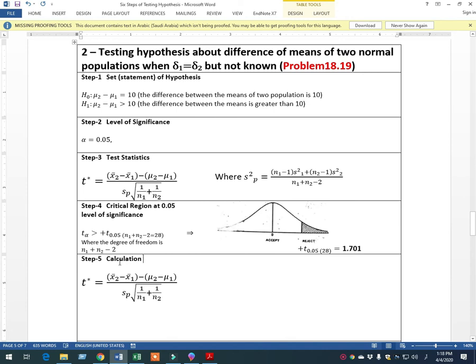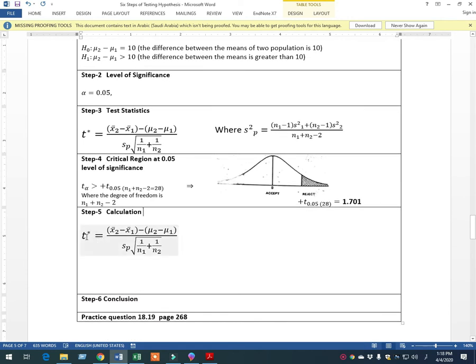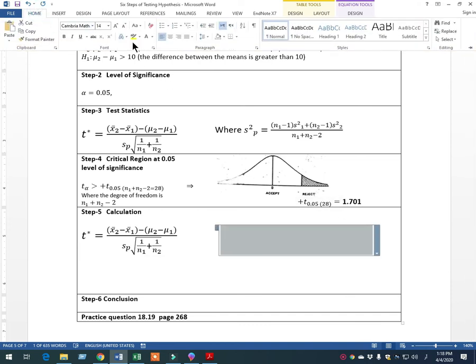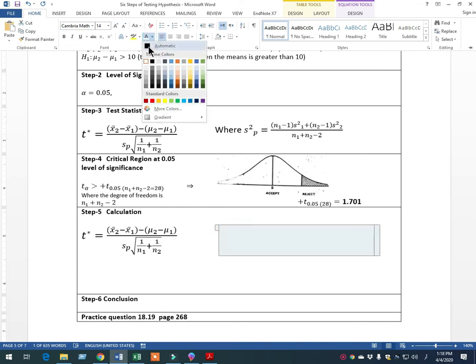Now we'll be calculating our T value of the difference, that is the T ratio. But I've told you that first of all we have to calculate the standard deviation of the pooled sample. So guys, I have already done it for you. You have to just focus on it and see the procedure.